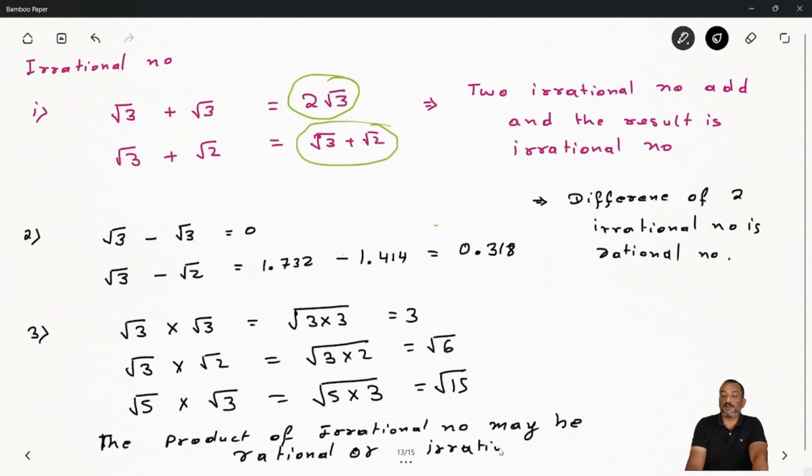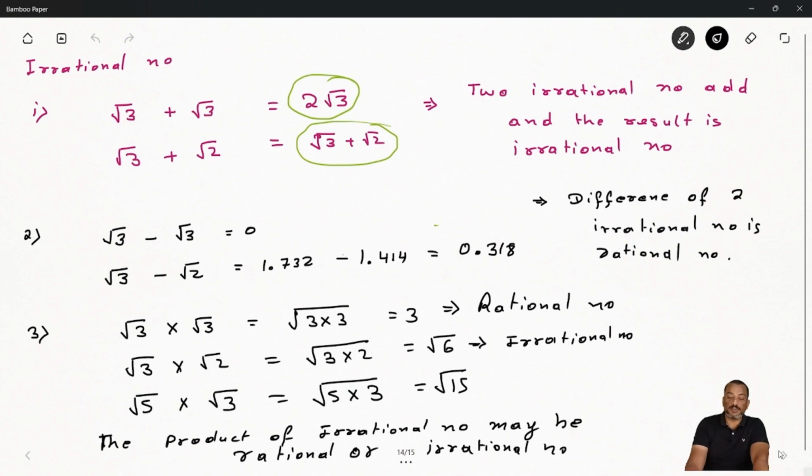Okay, hope it's getting clear. Because here you can say this is a rational number, and this is an irrational number. So their product may be rational or irrational. It depends. Okay, hope it's clear.